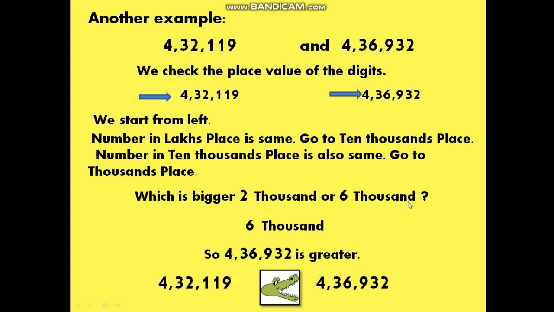So they are different, so their value is different. So which one is bigger? 6000 or 2000? Now you know which one is bigger. 6000 is bigger. So if 6000 is bigger, that means this number is bigger.